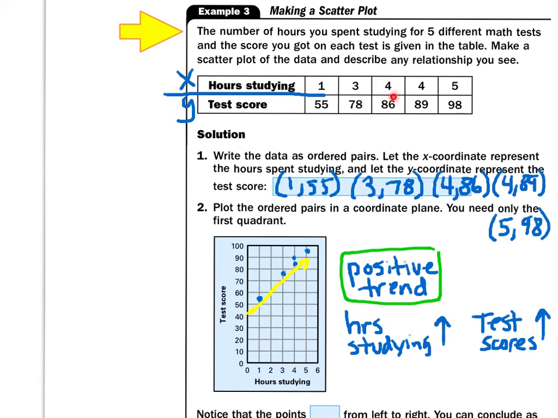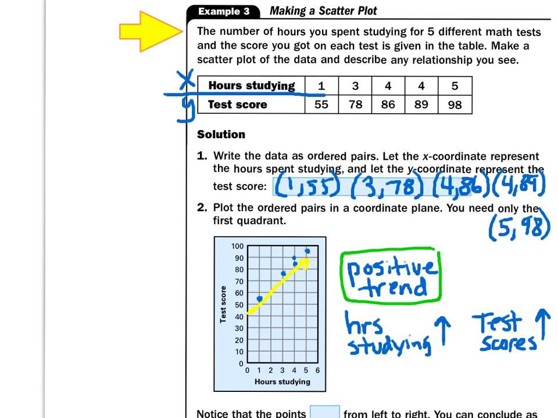And then the next point would be (4, 86), which is right here. So go to the right 4 and up to 86. And then the next point, of course, would be (4, 89). And so go to the right 4 and up 89. And then the last point they gave us was (5, 98), which I wrote right here. So go to the right 5 and then up 98.